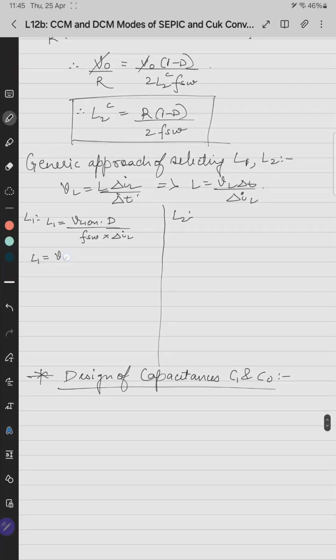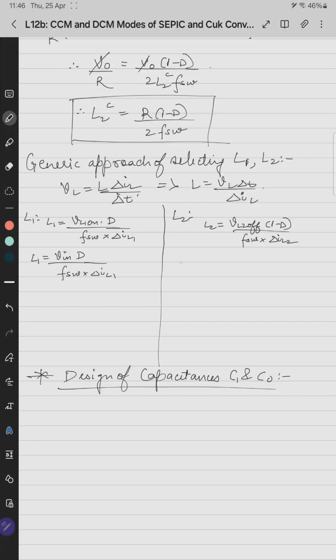So L1 is V in into D by F switching into delta IL1. This is the generic approach for L1. And L2 equals VL2 off into 1 minus D by F switching into delta IL2.